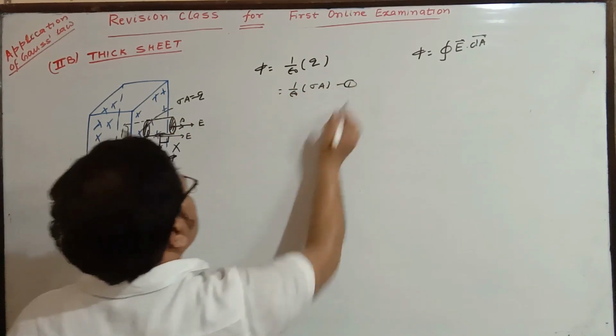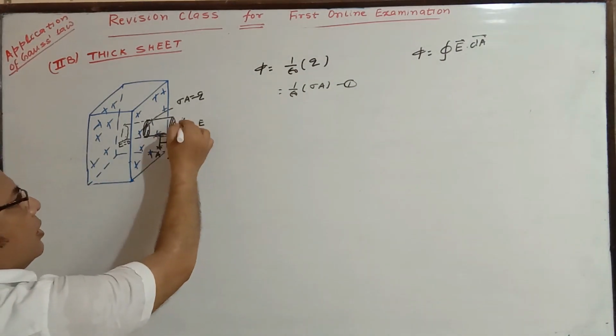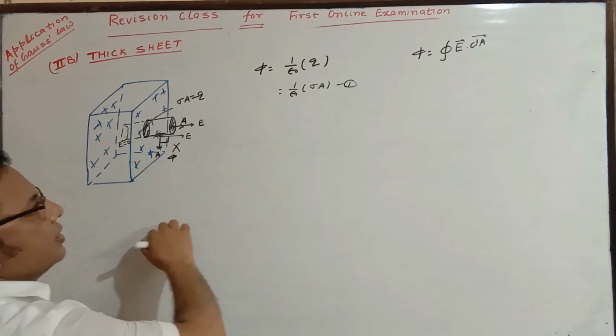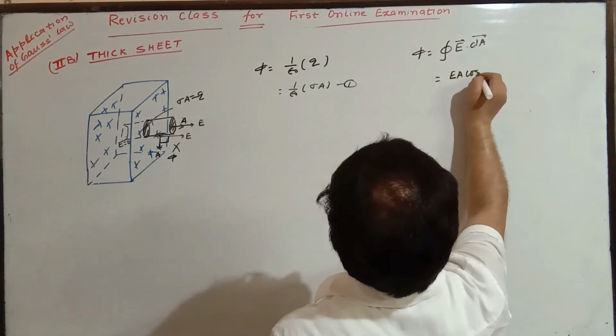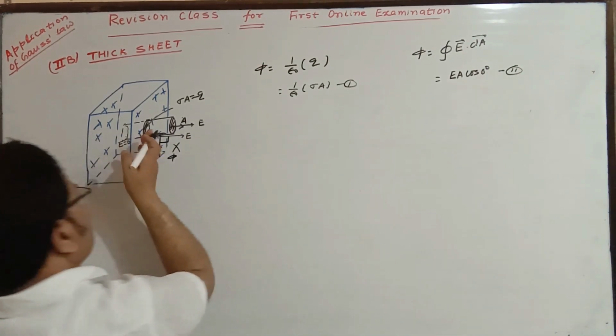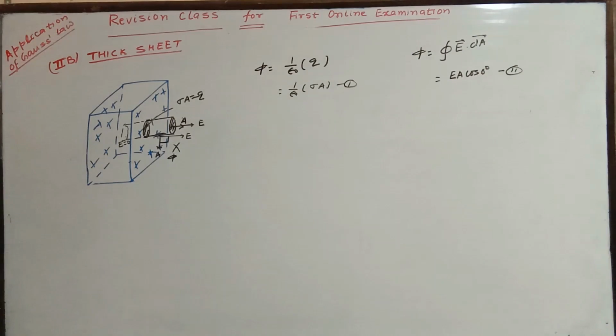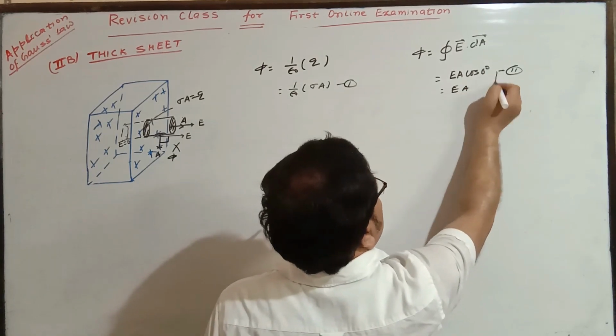That's equation 1. And due to this electric field, the flux is written as only E into A into cos 0 degree, equation 2. Why only this? Because the next half, that is inside the middle, the electric field is 0. So this is equal to E into A, that is equation 2.